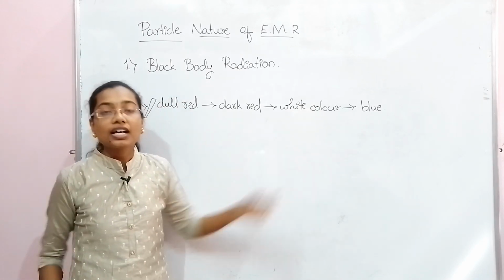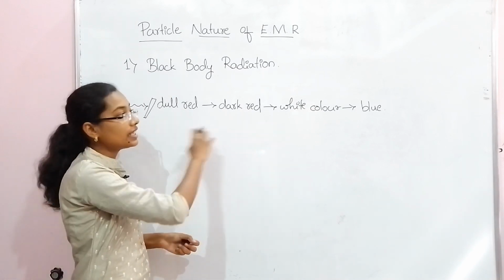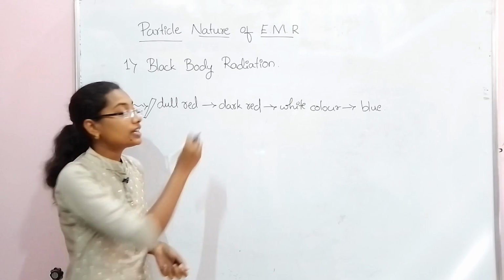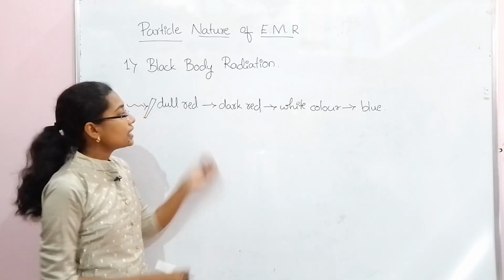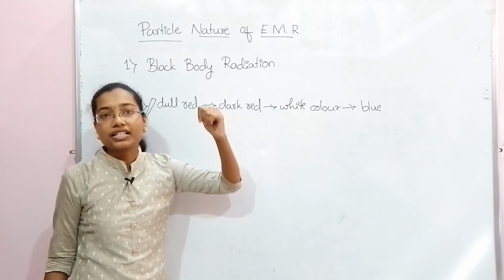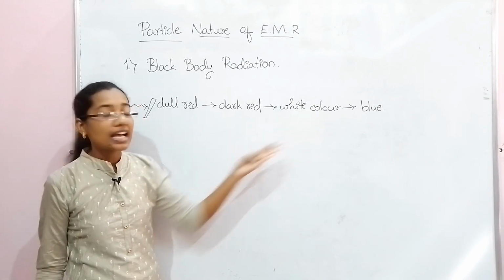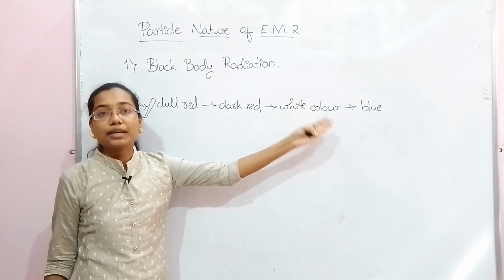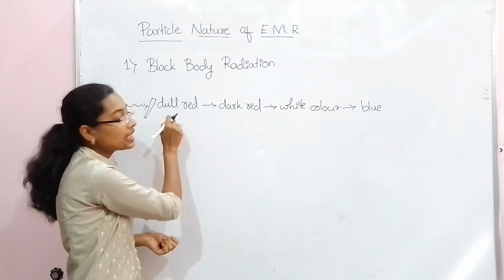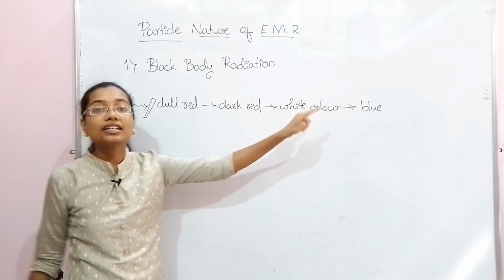On heating that iron rod, you got different colored radiations, and these different colored radiations have different wavelengths and frequencies. And what about the frequency? As you go on increasing the temperature, the frequency also increases, because the dull red color has less frequency than the blue color.